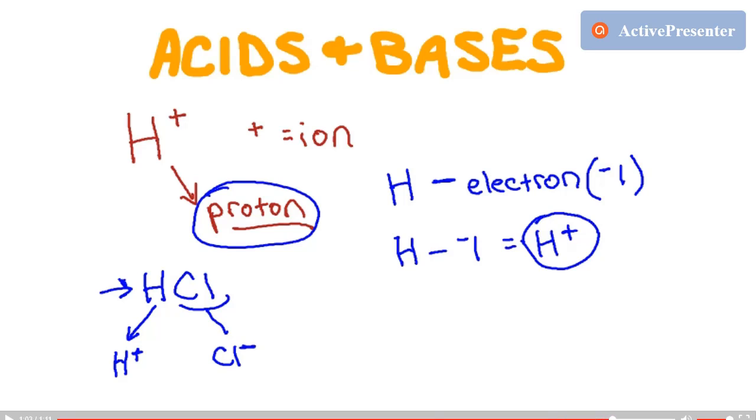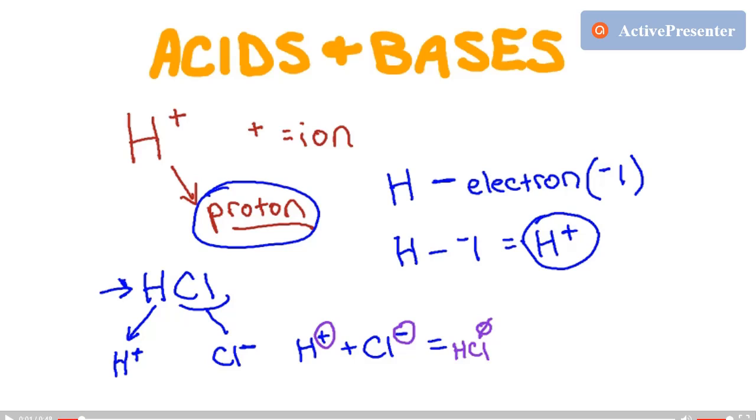And that's how they fit together. So hydrogen plus the chloride negative ion. If you add these two together, the plus and the minus, that makes 0. So this H plus is what makes an acid an acid. It's going to be at the beginning of all of your acids.